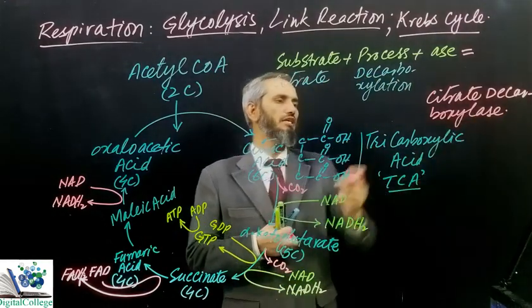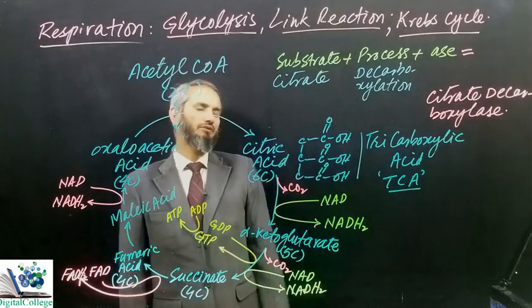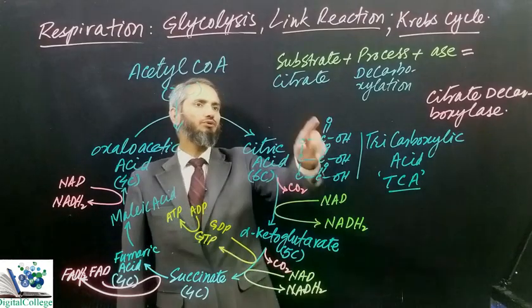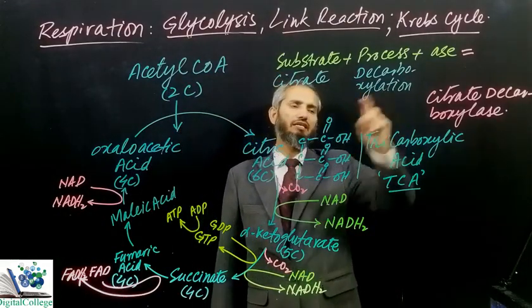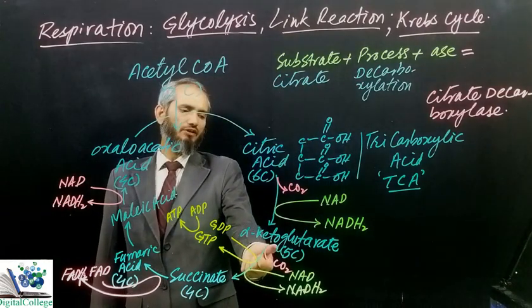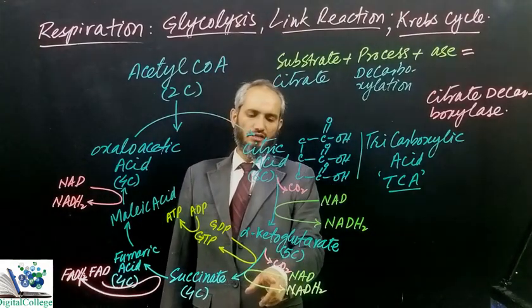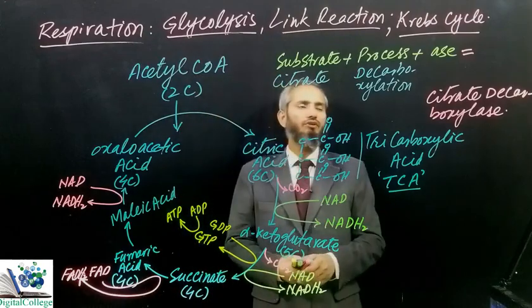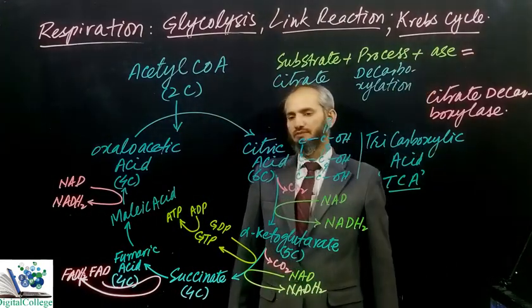Citrate decarboxylase is the enzyme being used here, which is removing the carbon. You know, there is also the removal of hydrogen at this stage. So there is another enzyme called citrate dehydrogenase used. So if we write here, there will be alpha ketoglutarate decarboxylase, alpha ketoglutarate dehydrogenase. So here we can write the names. So we are not using specific names, rather we can use this type of names.